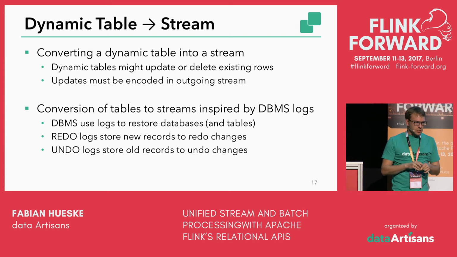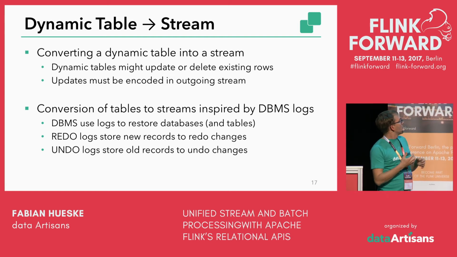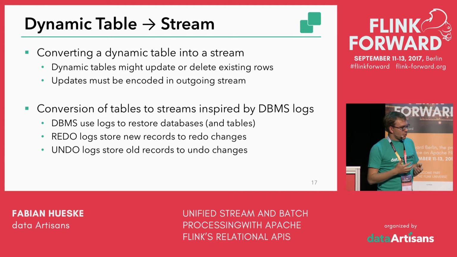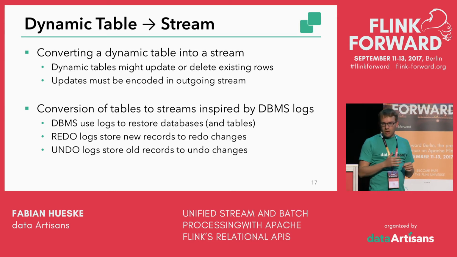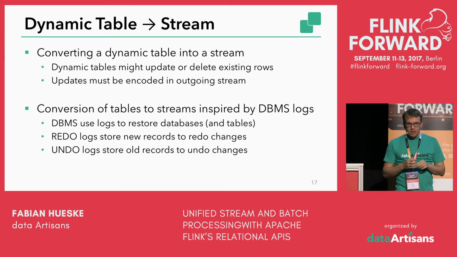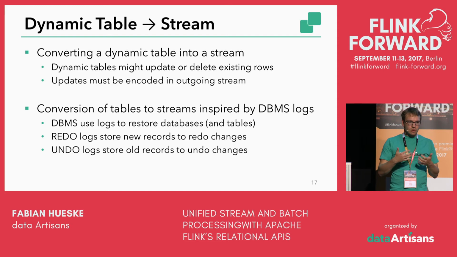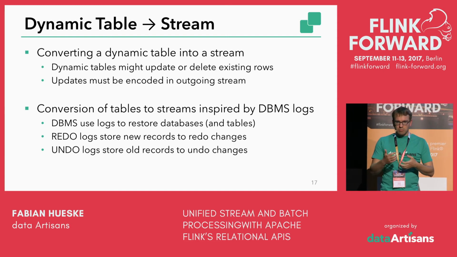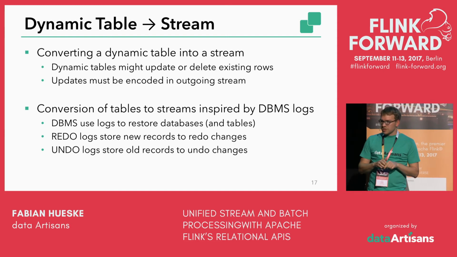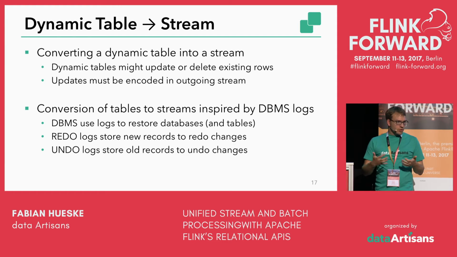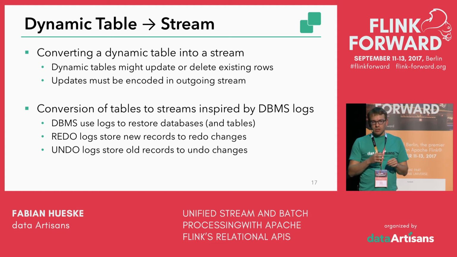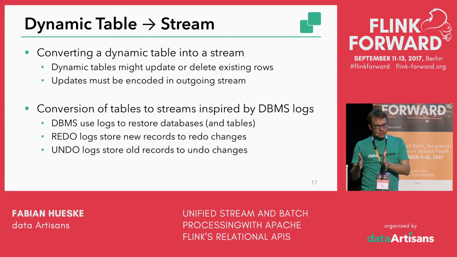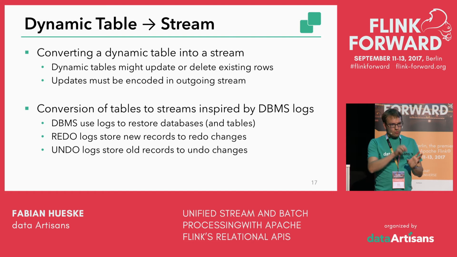And in Flink, these conversions are basically done with two kinds of modes, and these modes are somewhat inspired by how database systems use logs for recovery or replay in case of failure. Usually one of them is called redo logs, which basically store the new records in order to be able to redo changes in case they got lost.